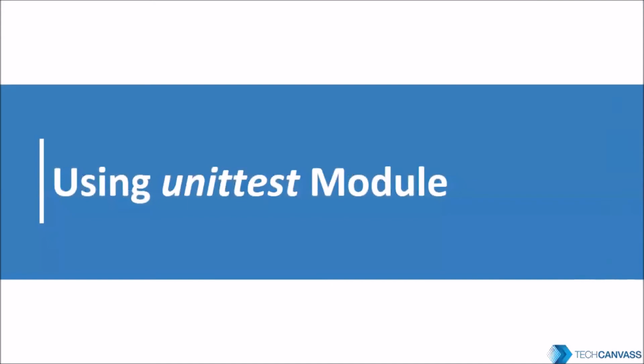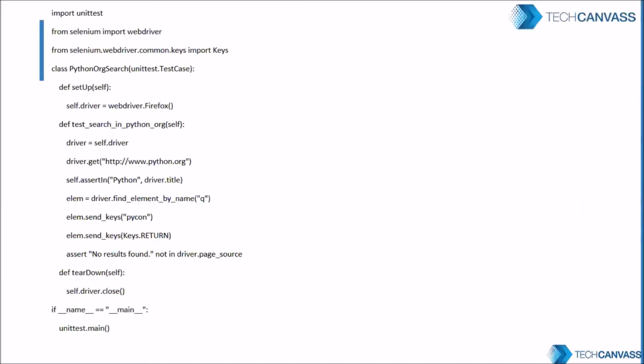So let us see how to use the unittest module to write test cases. The only difference to the existing script is that we need to import the unittest module as the first line, as you can see. Next, we'll set up test and tear down. There are three methods that you can see. In Python, we can define methods using the def keyword. Setup means prerequisite things before executing a test.